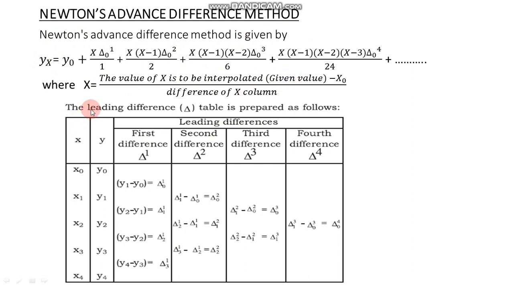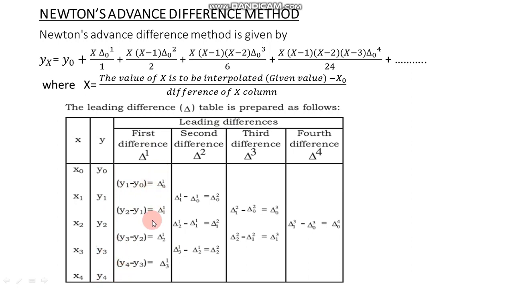After that, there is the leading difference table. Look here, x column x naught to x4, y column y naught to y4. How to do the first difference table? You have to subtract from downward to upward. Therefore, y1 minus y naught, y2 minus y1, y3 minus y2, y4 minus y3.